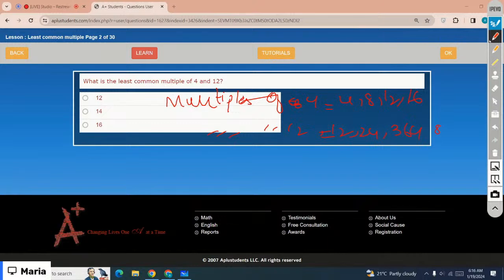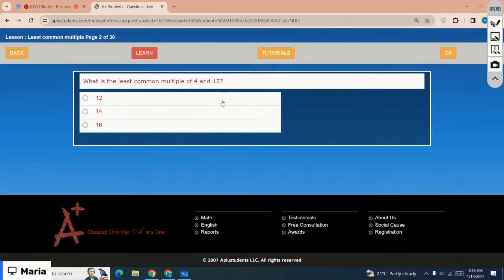Yes, the smallest number that is common here is 12. The correct option is 12. Got it? The least common multiple is 12.